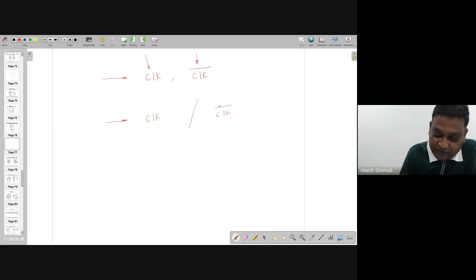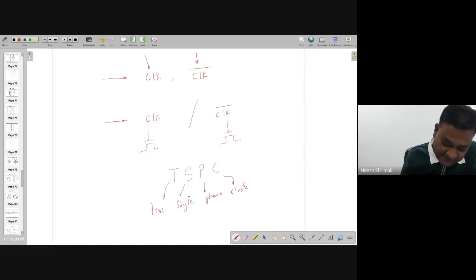If you use one of them with the usage of NMOS and PMOS, I'm going to call it TSPC, which is true single phase clock. I'm not going to use another clock phase, but only a single phase.